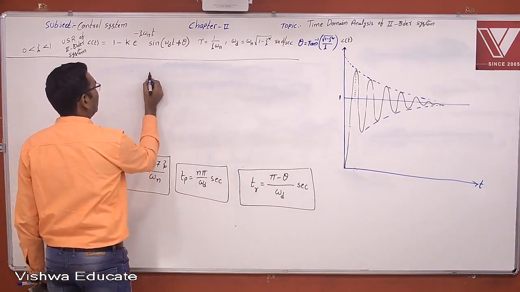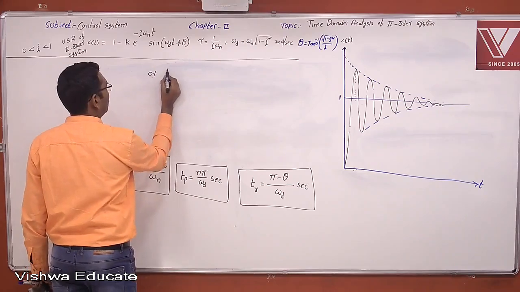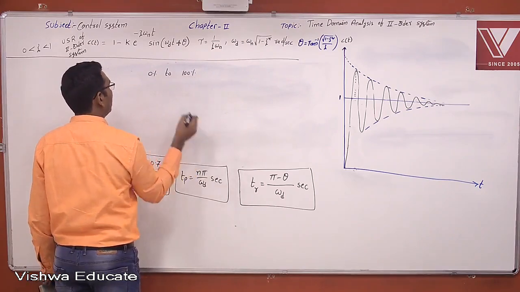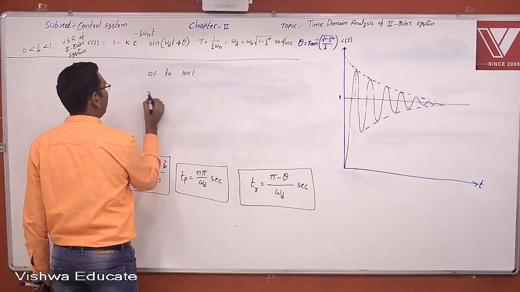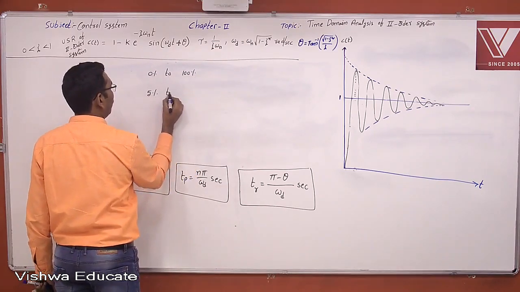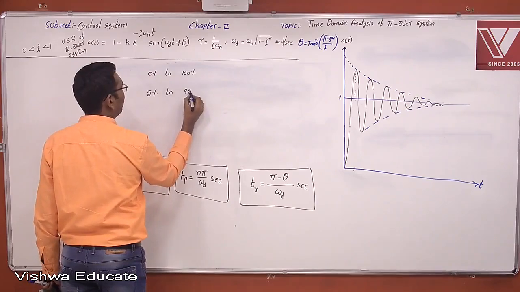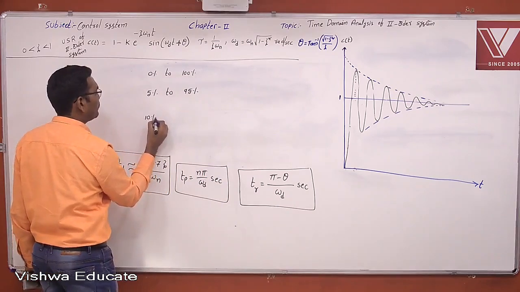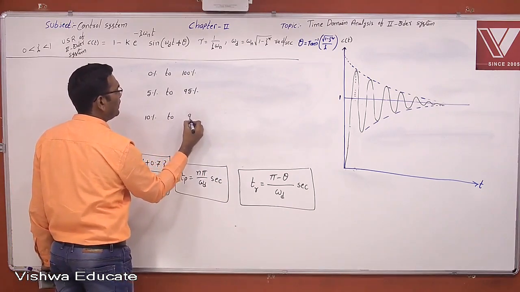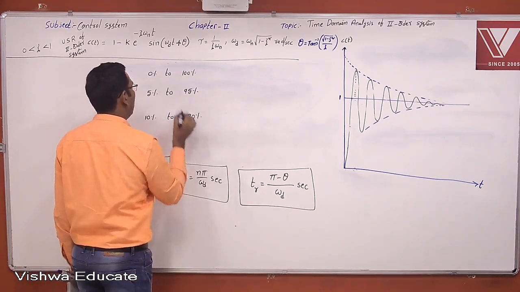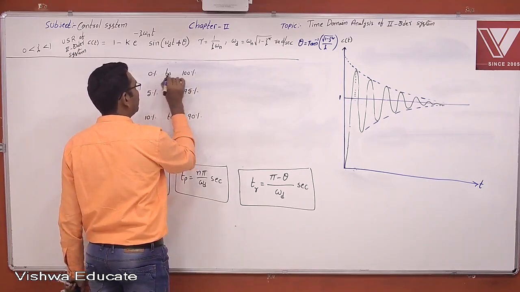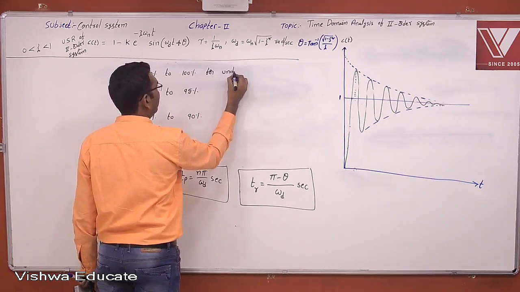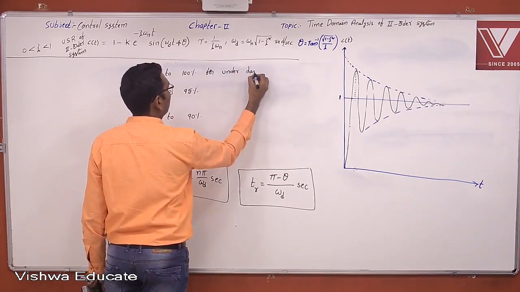The time taken by the response to rise from 0% to 100% is called rise time here. The time taken by the response to rise from 5% to 95% is called rise time here. The time taken by the response to rise from 10% to 90% is called rise time. The time taken to rise from 0 to 100% is for the under damped response.